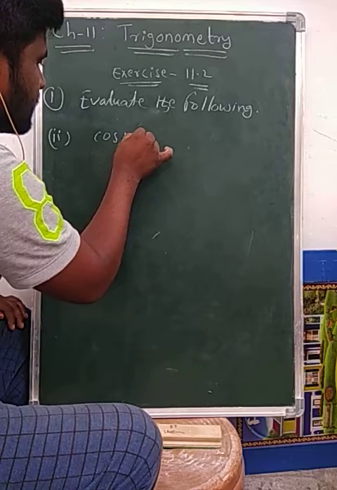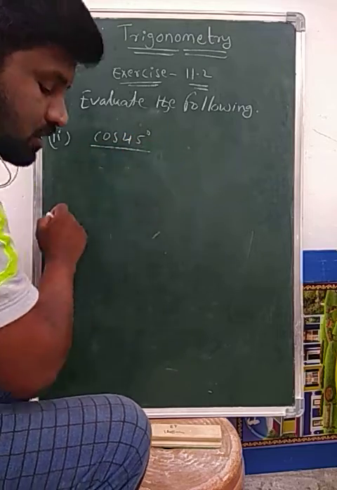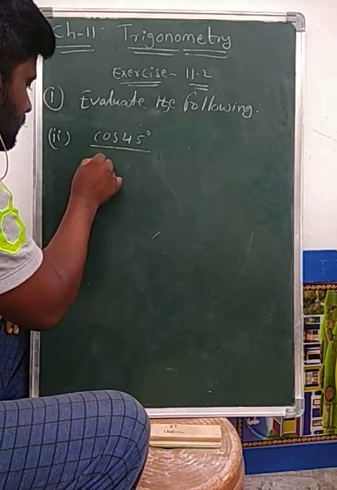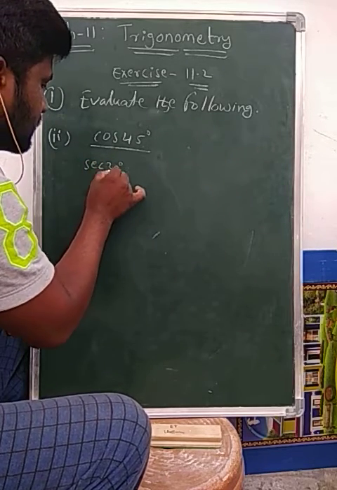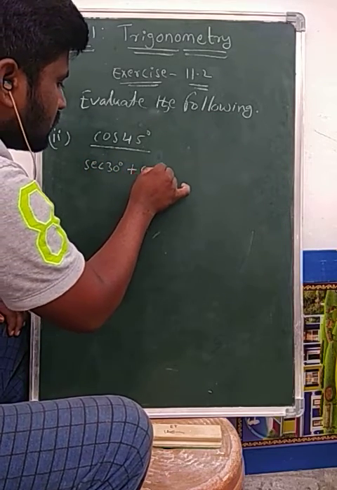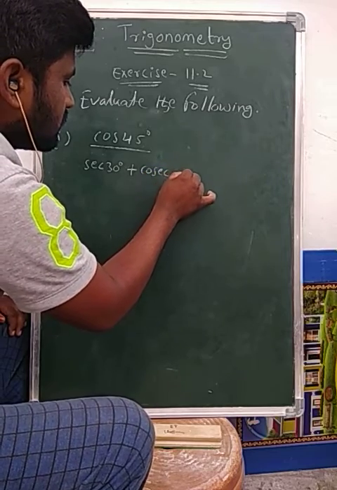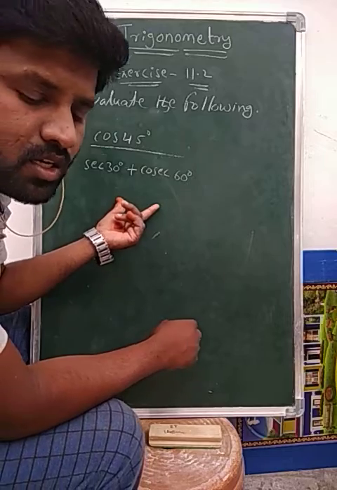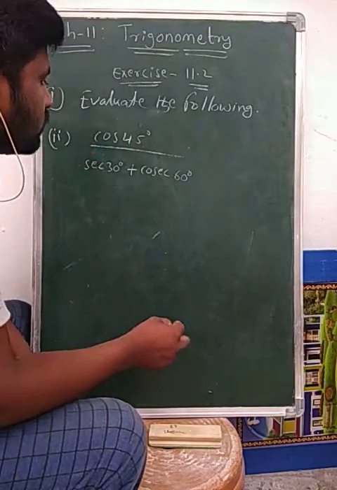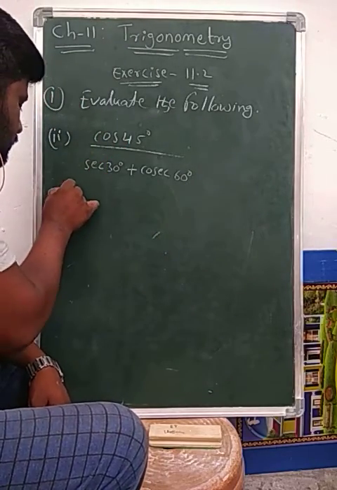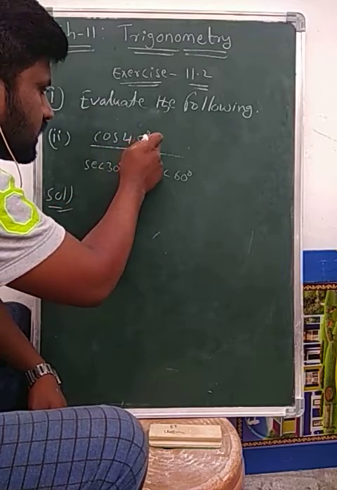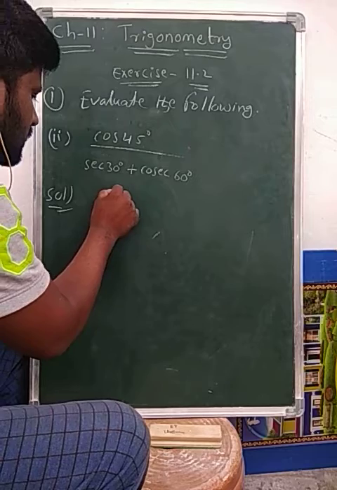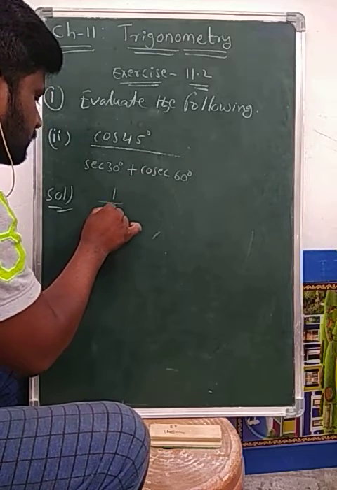Cos 45 degrees by secant 30 degrees plus cosecant 60 degrees. Okay, so this is the question. Now we know the values. What is the value of cos 45 degrees? The value of cos 45 degrees is 1 by root 2.